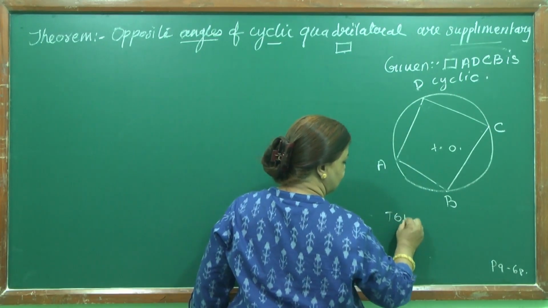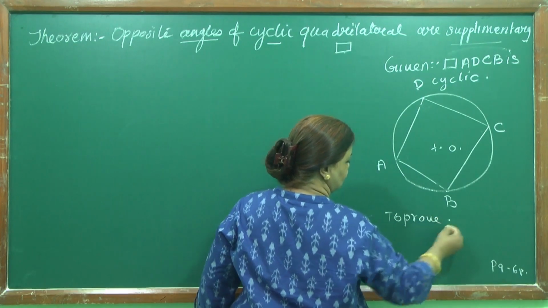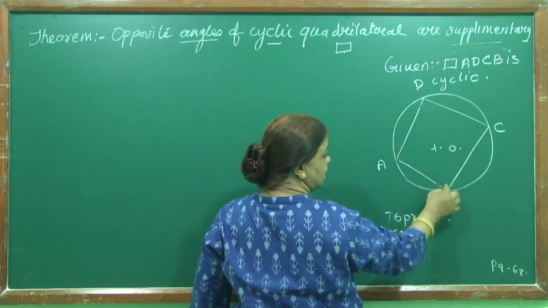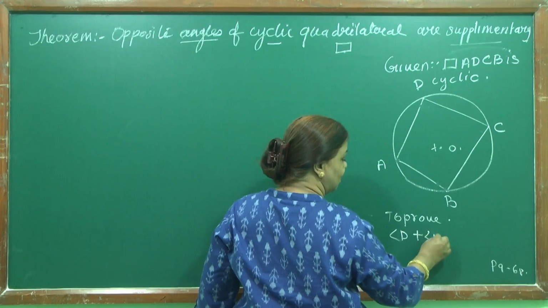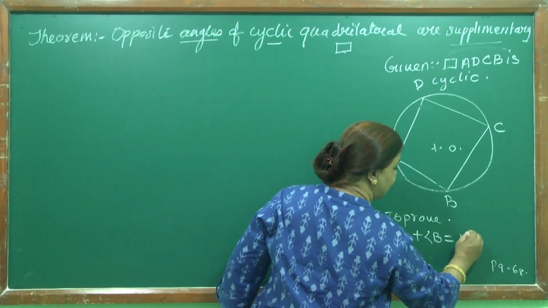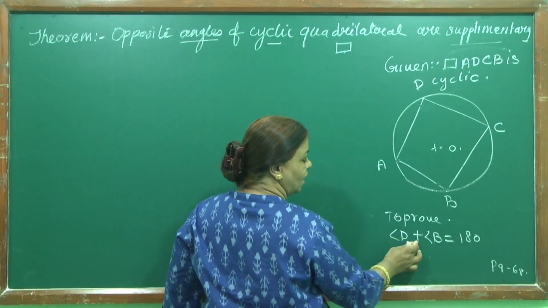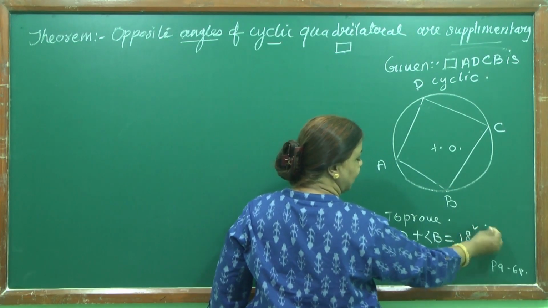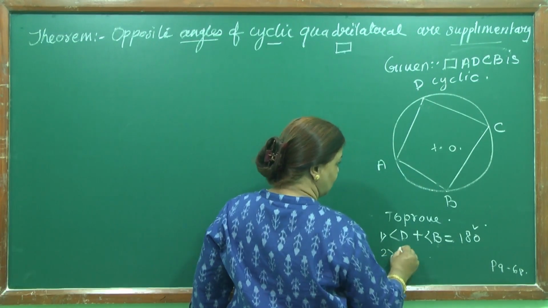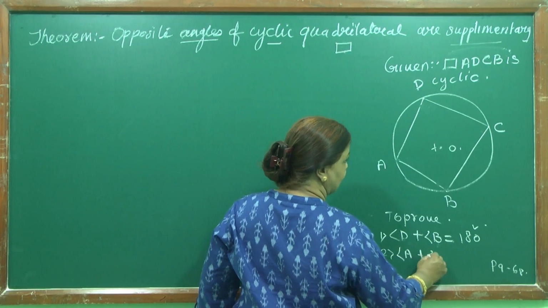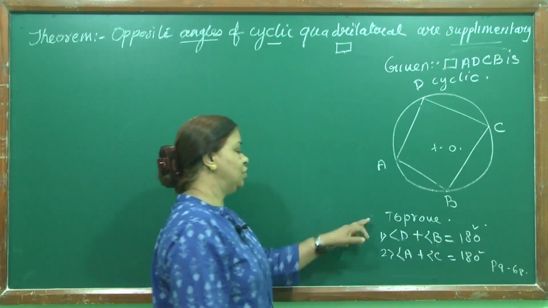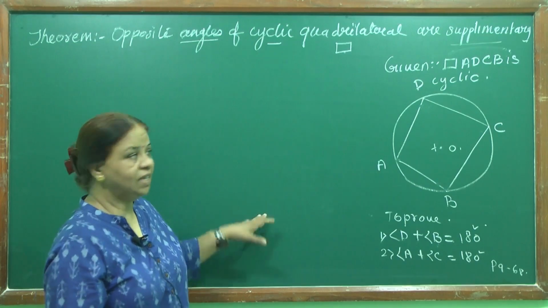To prove: angle D plus angle B, D's opposite being B. Supplementary means when you add these two angles, it will be 180. Another is angle A plus angle C is equal to 180. So we want to prove this too. Okay children, let us start.